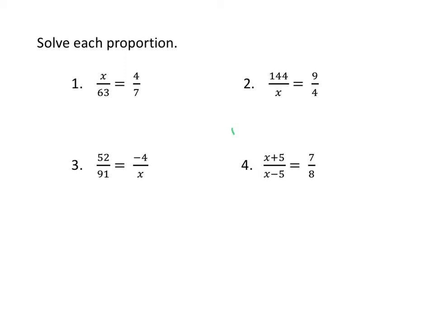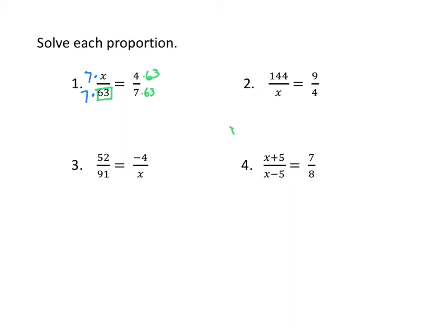So one more time, if I'm going to get a common denominator, I'm going to multiply this denominator and numerator by the same number that's going to make a common denominator, and that number could be 63. I'm not really going to multiply 7 times 63. And I could multiply the 63 over here and the x over here by the same number to get a common denominator, and that number would be 7.